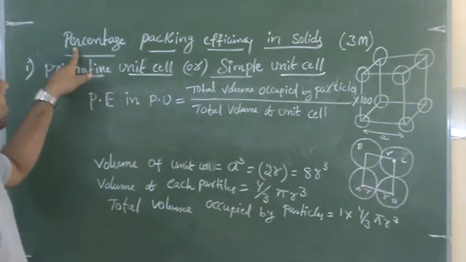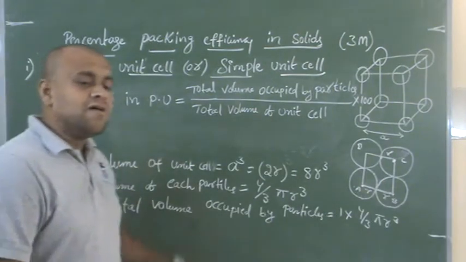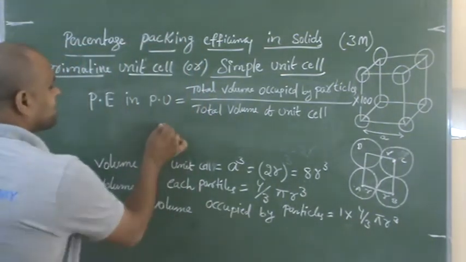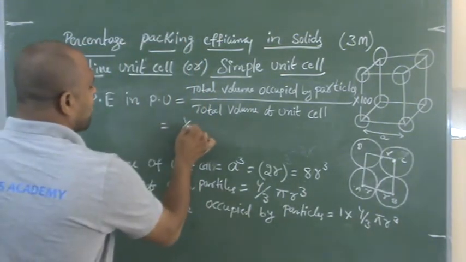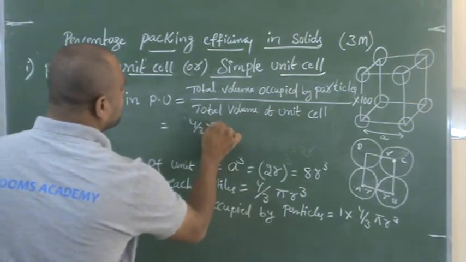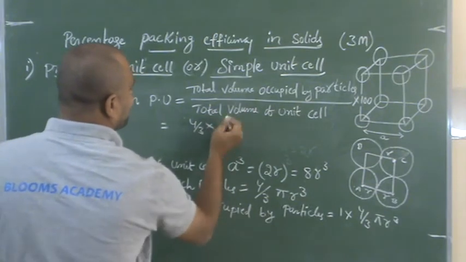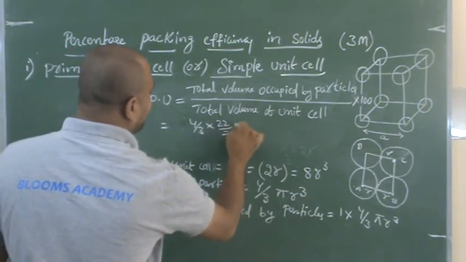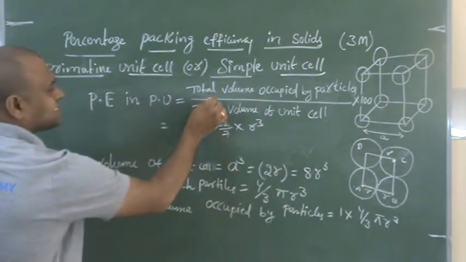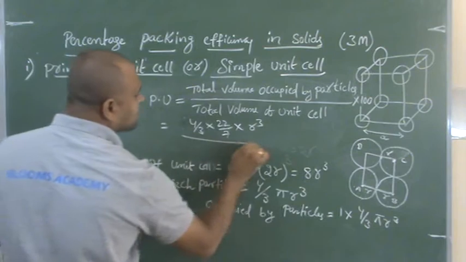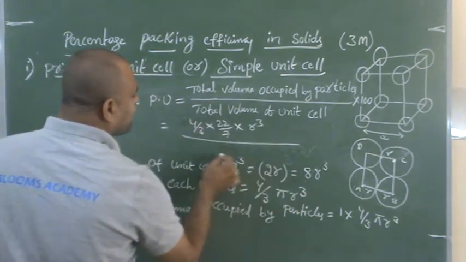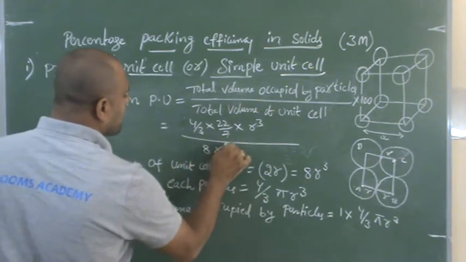Why I put 100? Because we have to find out the percentage. How much will you get? That is equal to 4 by 3 into pi, where pi is 22 by 7, into r cube. 4 by 3 pi r cube is the total volume occupied by the particles, divided by the total volume of unit cell, which is 8 r cube.